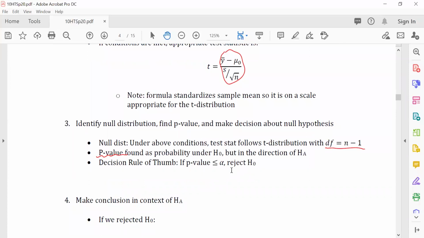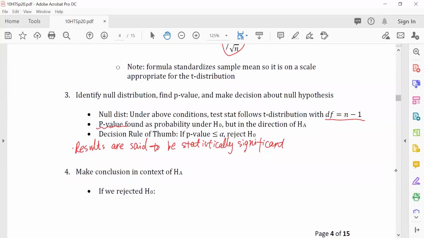Then we apply the decision rule of thumb. If p-value is less than alpha, we reject H null. If we reject H null, our results are said to be statistically significant. Then we need to make a conclusion in the context of HA.